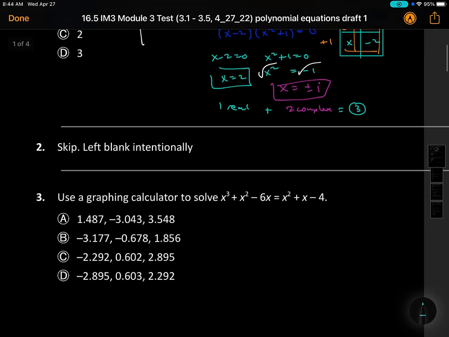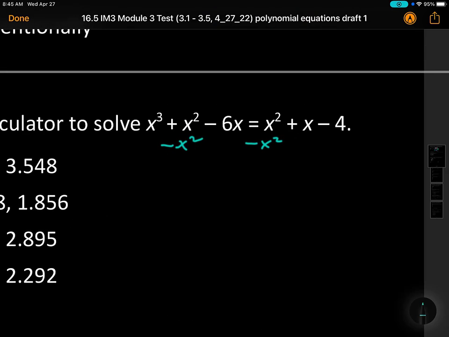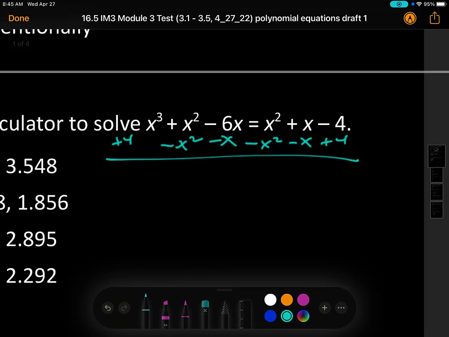Okay, number 2 is left blank. Number 3, we can use a graphing calculator. And again, you're going to have to do the same thing. So I'm going to subtract this. This one's a like term, but this one is not. So everything on this side will turn into zeros.